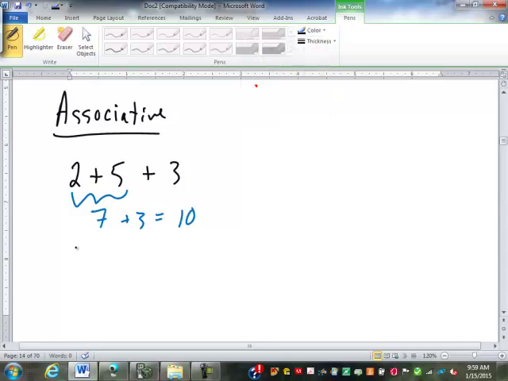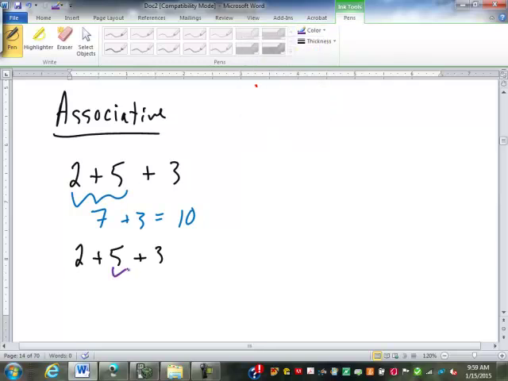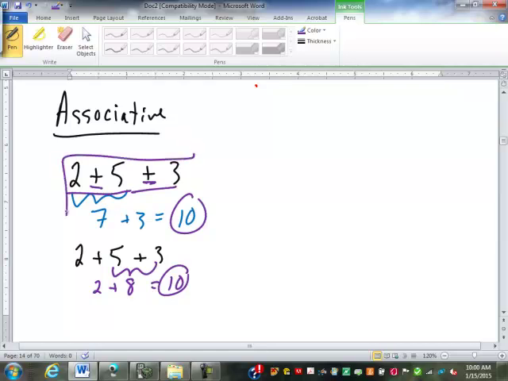But because it's all addition, we could go 5 plus 3 is 8, 2 plus 8 is 10. We're going to get the same answer. That's what the associative property is saying. When we have three numbers in the same operation, it doesn't matter whether we go first two or the second two first. That applies for addition. For subtraction, not so much.